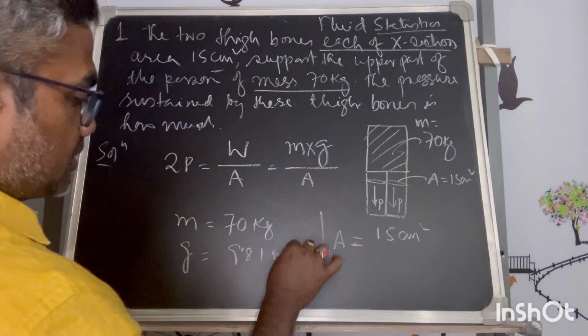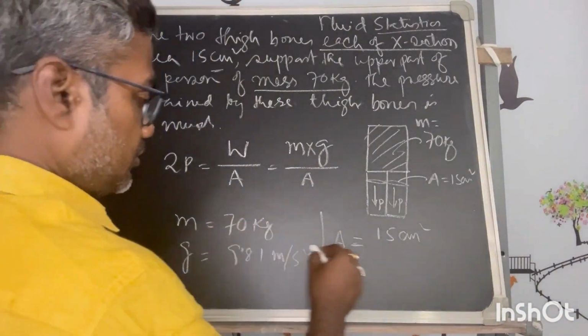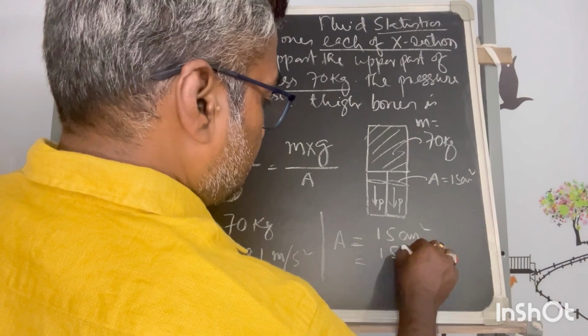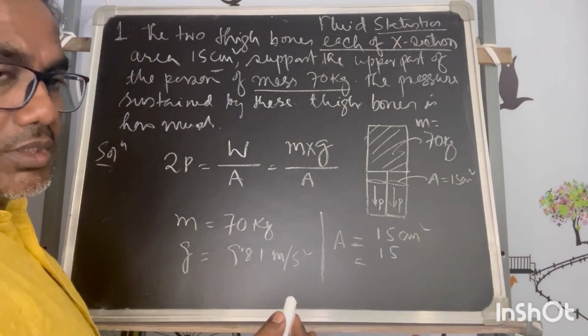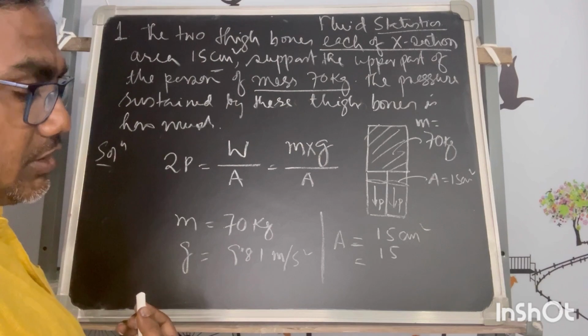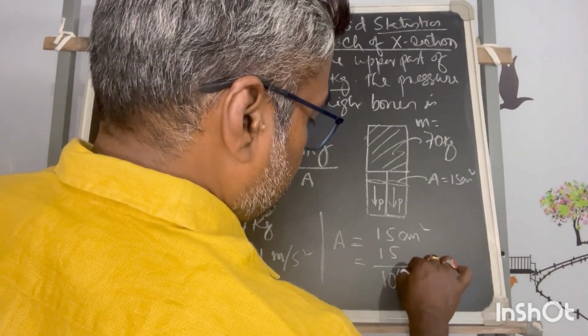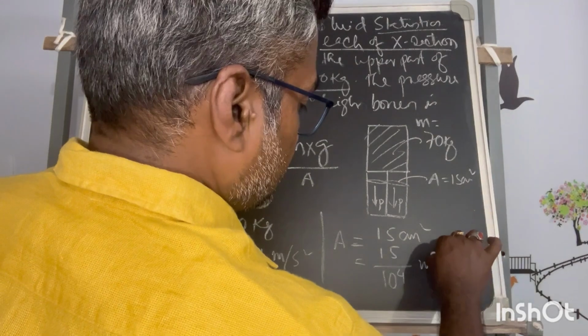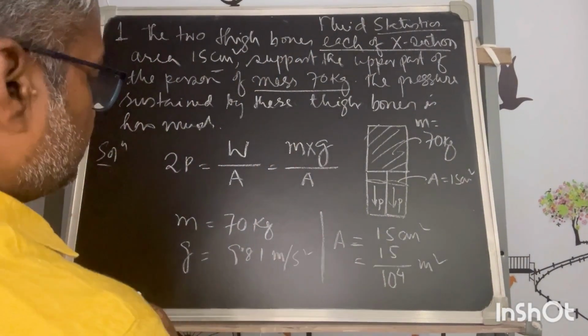If these are in SI units, then this has to be transferred into the same unit. Centimeter to meter is divided by 100, so that has to be divided by 10 to the power 4. Now it will be converted into meter square.